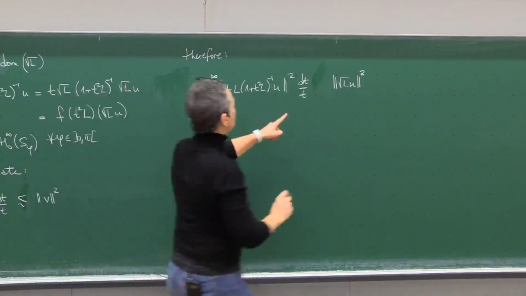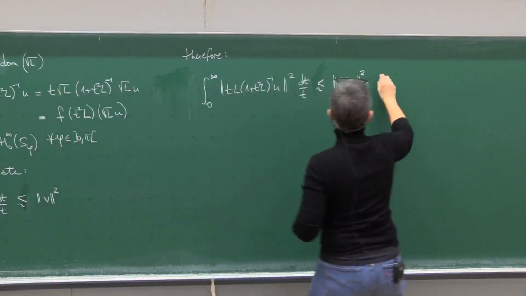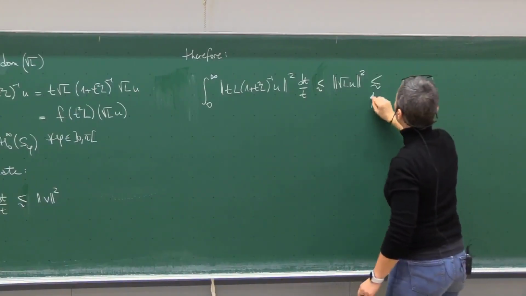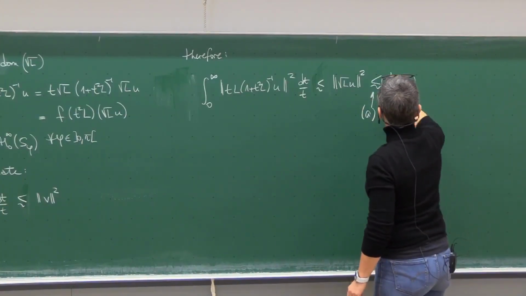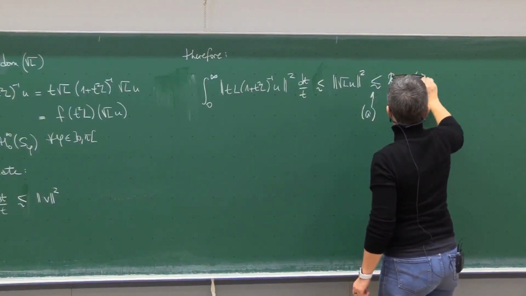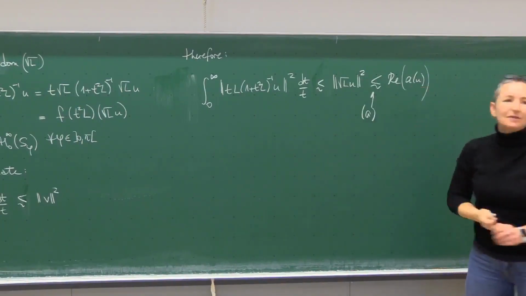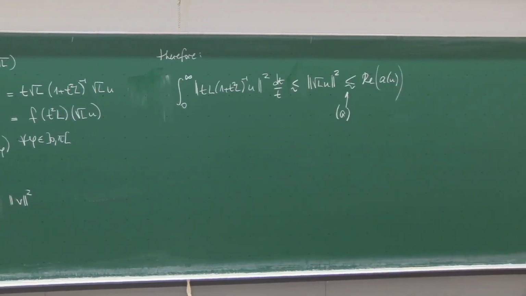This is less than or equal to that, and by A, that one is less than or equal to the real part of A of u. Okay? Sorry about that. Okay, so it's exactly what B says.